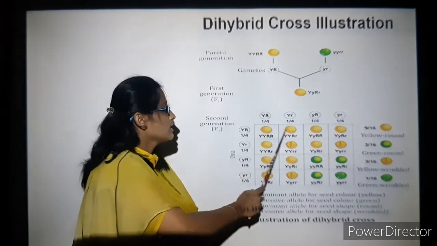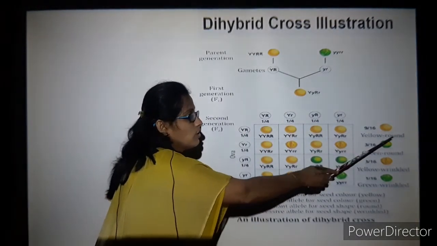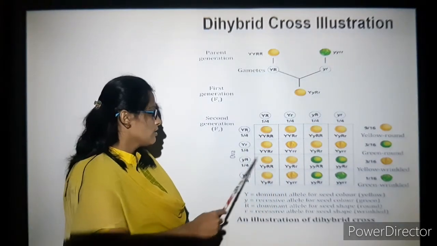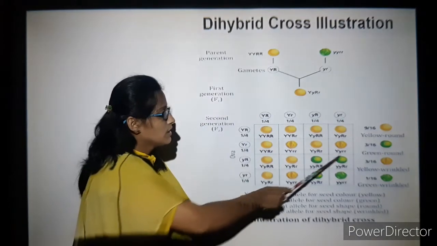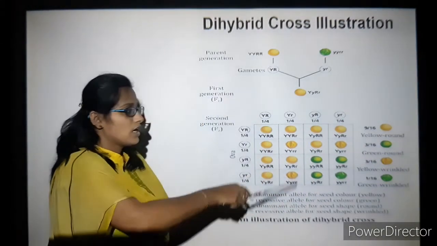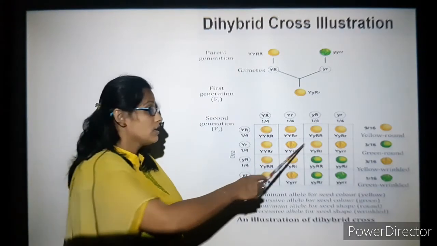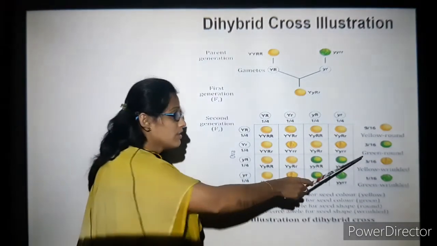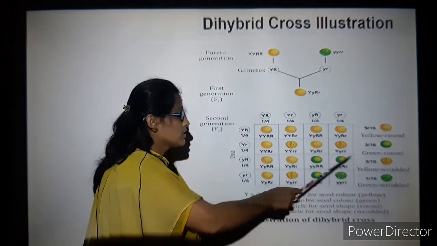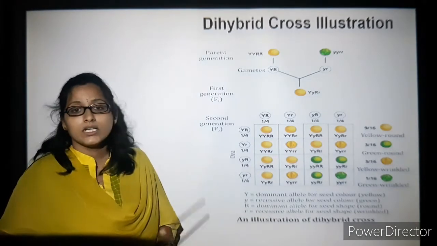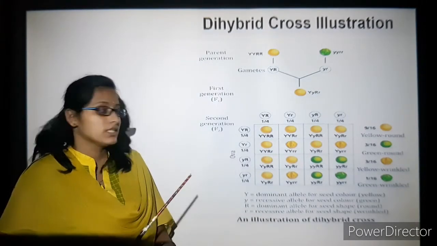Again it is dominant here. So you can see that this full row is yellow round, which is dominant in nature. Here also you can see that it is green and round. Out of 16, total 16 are there. Out of 16, 9 is yellow round, 3 is green and round, and out of 16, 3 is yellow wrinkled, and you can see that 1 is green wrinkled, which is recessive.